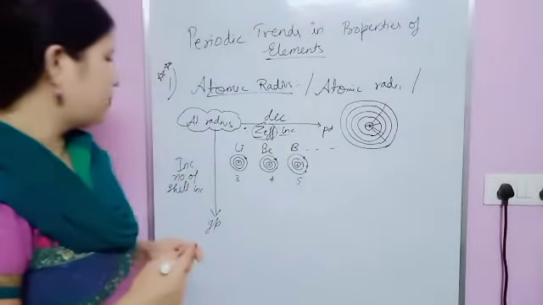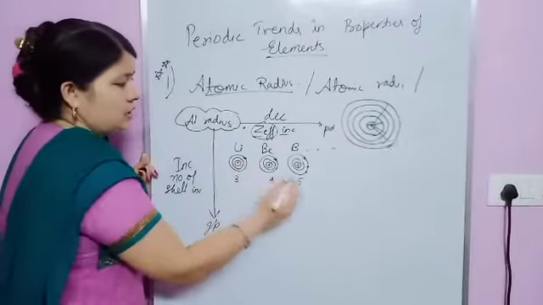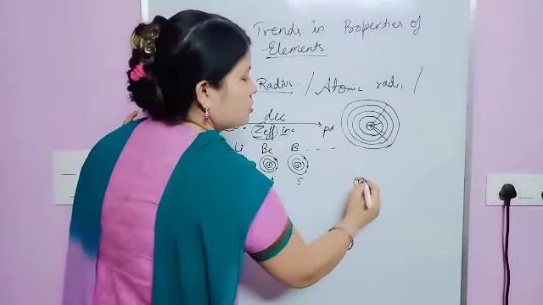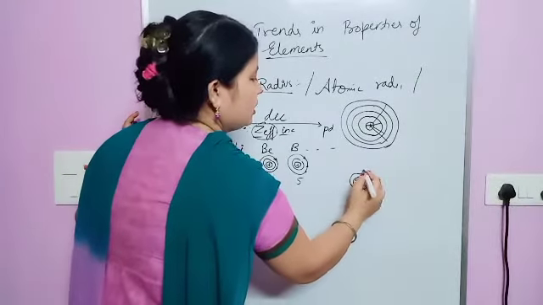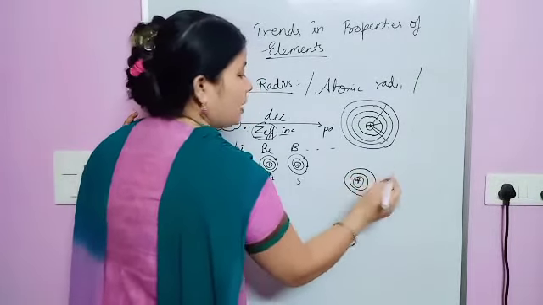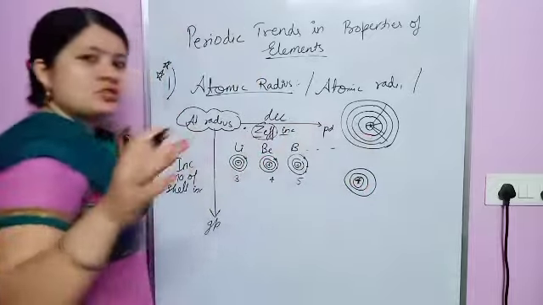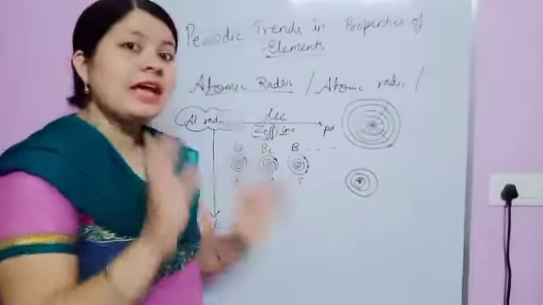Okay, actually what happened when, just see normal one, suppose this one is your nucleus, now this one is one shell, this one is another shell. Okay, actually what happened, whatever is the charge of the nucleus, that one is actual charge.